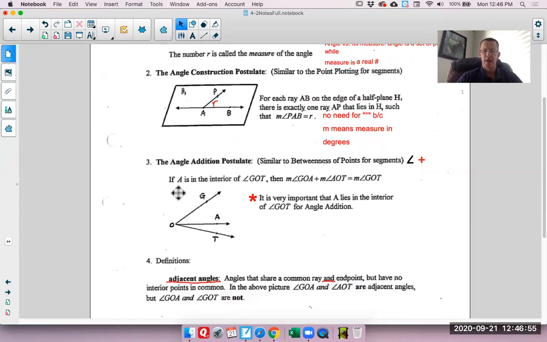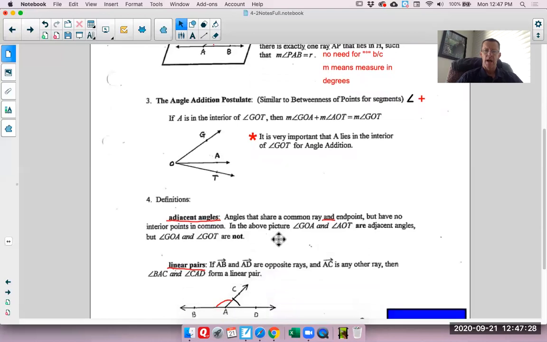It says if point A is in the interior of angle GOT, then the measure of GOA plus the measure of angle AOT is equal to the whole enchilada, the measure of angle GOT. Now, it's very important, which is why there's a star by it, that A lies in the interior of angle GOT. So it's part plus a part equals the whole.